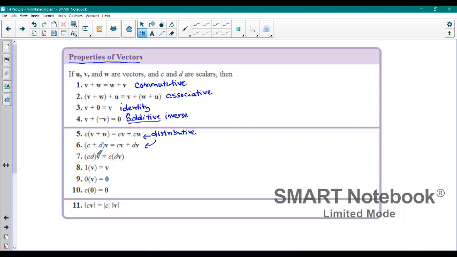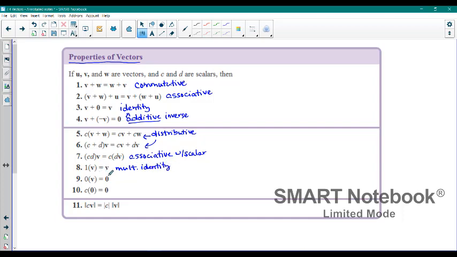Here we see a regrouping in multiplication, so we see associative at work again. Please notice that this is involving scalars and not the product of two vectors. And here we see 1 times a vector is itself. That's the multiplicative identity property.